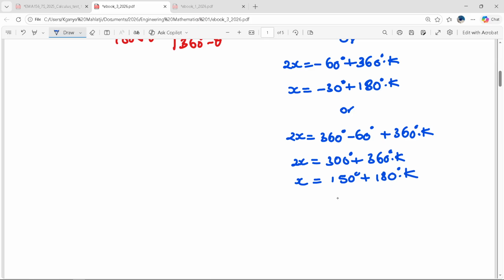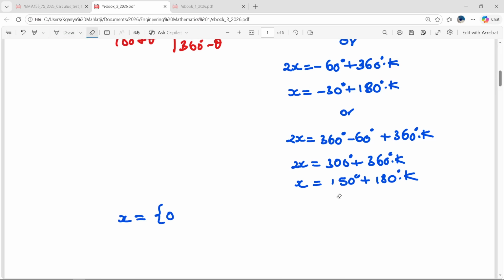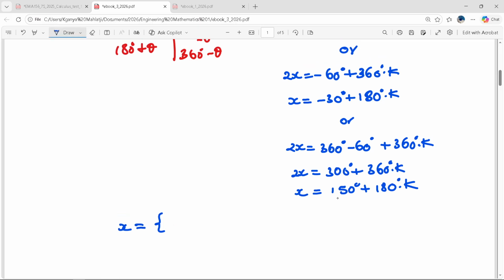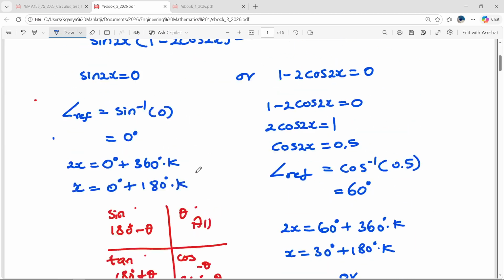From all this we can list the values of x. Let me start with the negative, minus 30. Let's double check the minus before we continue.